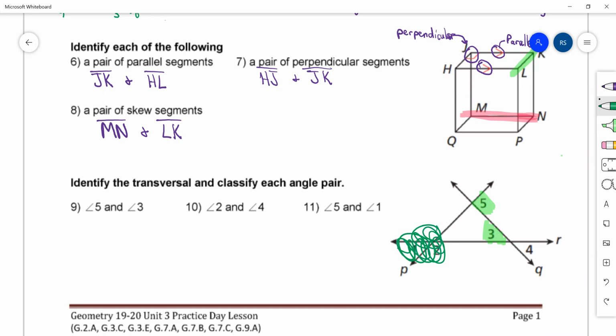Which line cuts through the other two lines? Line Q. So that's our transversal. Now, what kind of relationship do 5 and 3 have? They're on opposite sides, so they're alternate, and they're inside the two lines. The alternate interior angles.